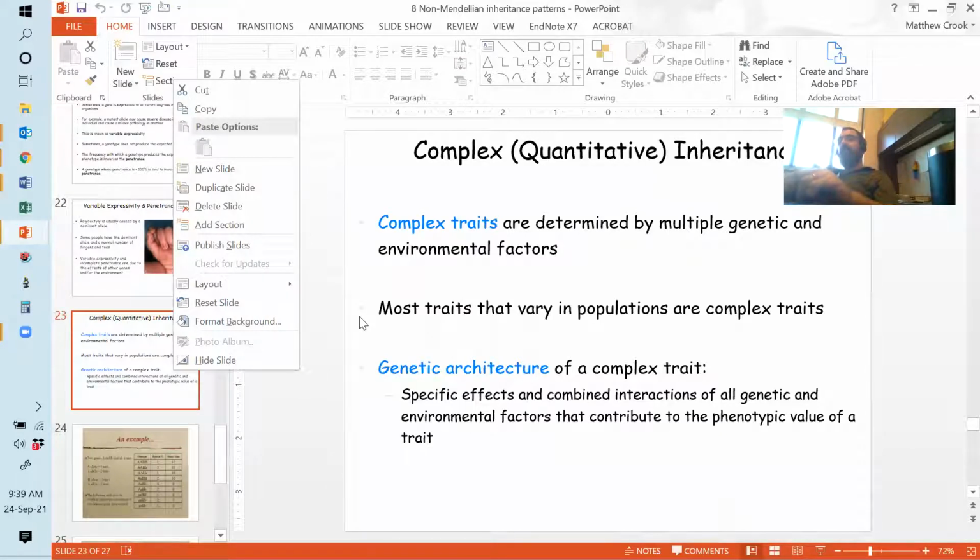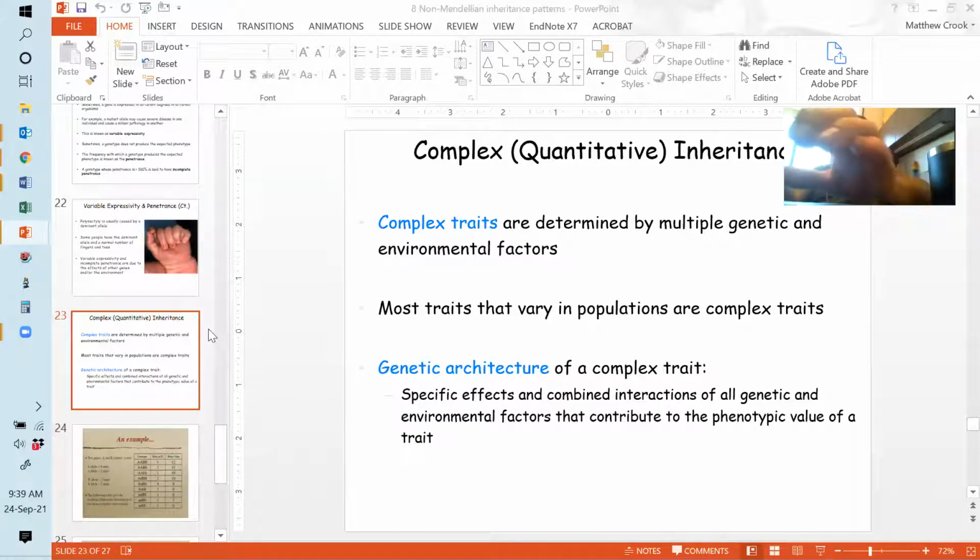Now, one of the easiest things to say is that most traits in populations are complex traits. Complex traits have two aspects.